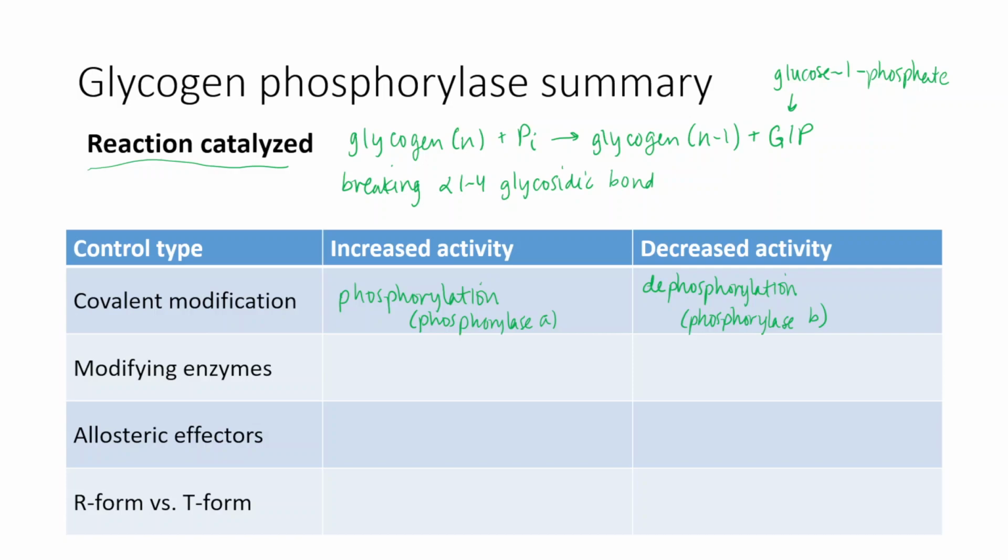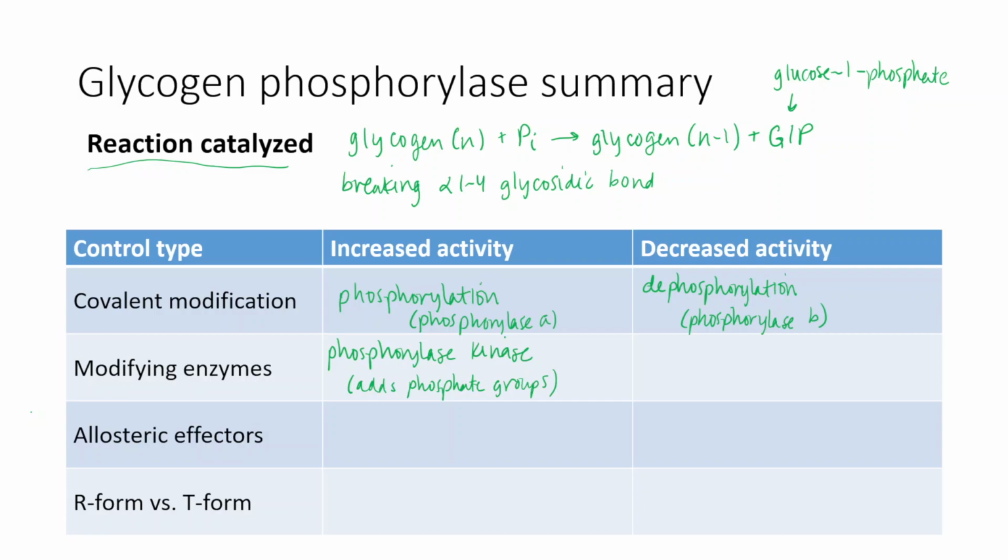So we have phosphorylase kinase, which adds a phosphate group. It actually has two phosphate groups.